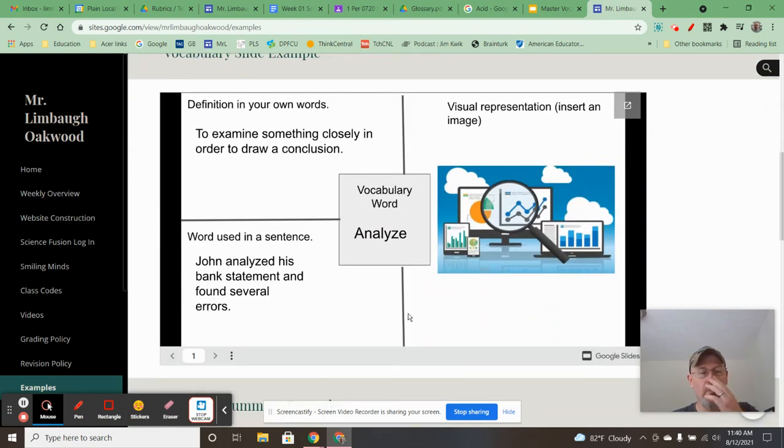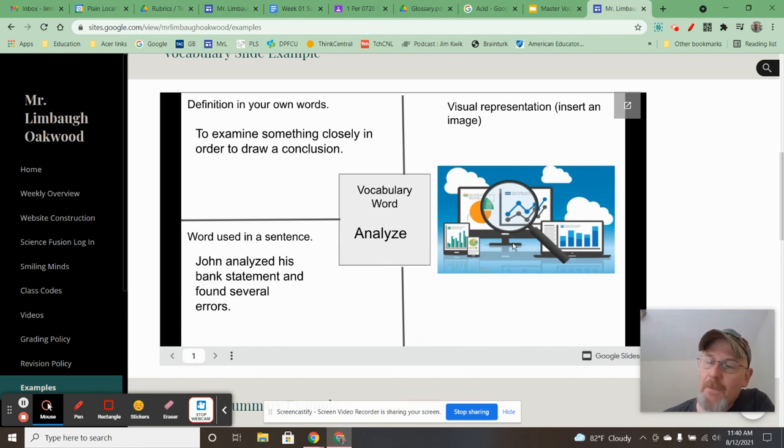You will see an example that I have put here for analyze. I put it in my own words: to examine something closely in order to draw a conclusion. I use it in a sentence: John analyzed his bank statement and found several errors. And then I put an image of a magnifying glass over some data, making it bigger so that we're taking a look at it.